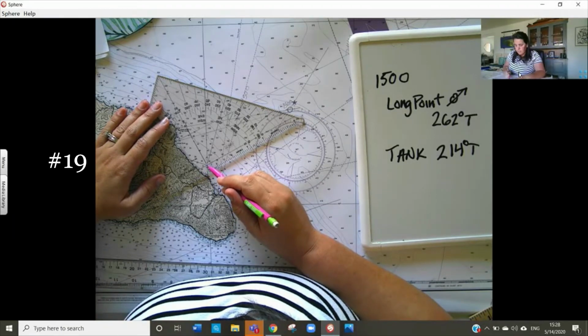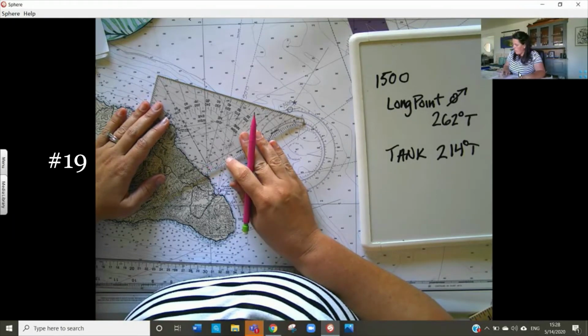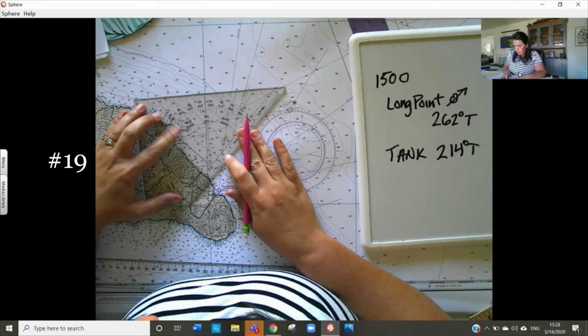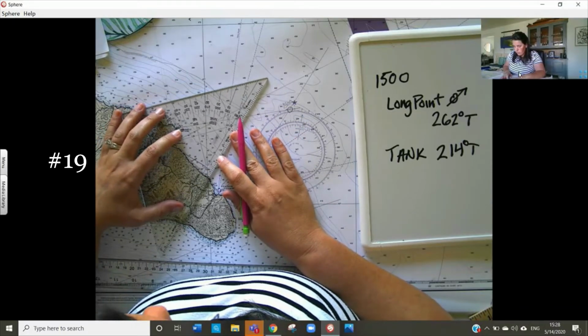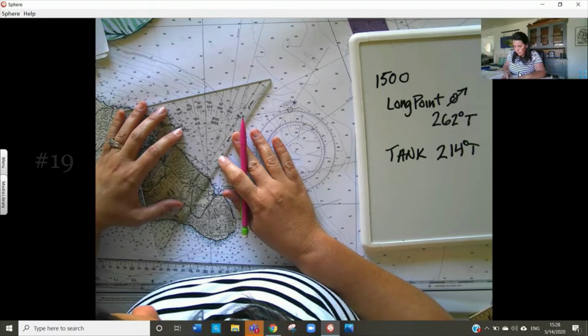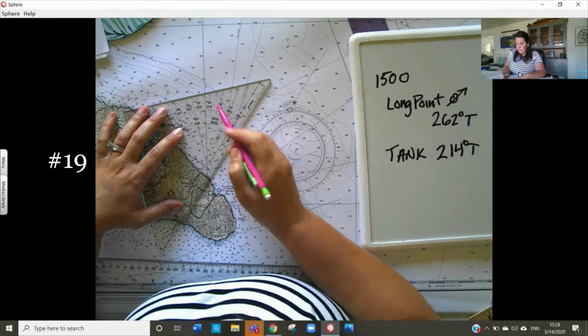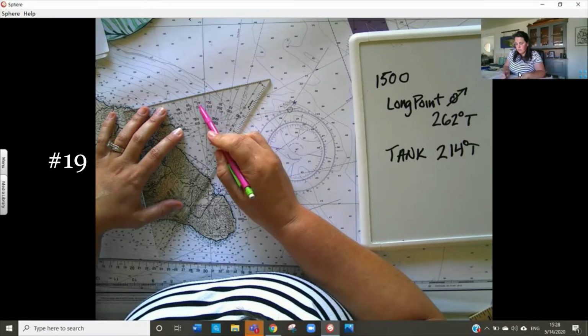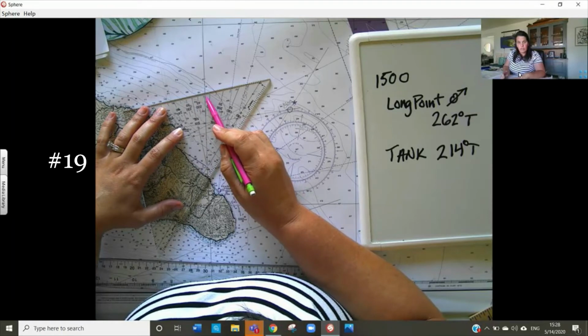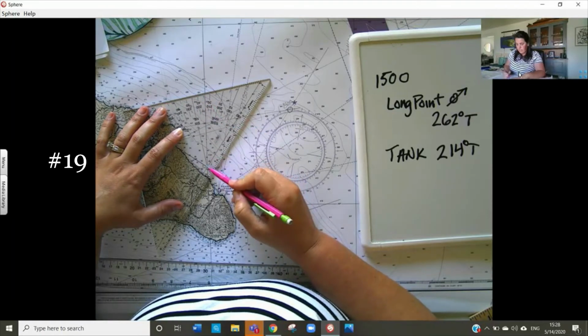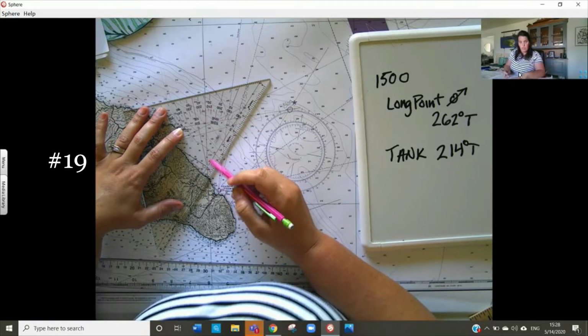The focal point on the line, and then 14. So 214 is going to be right here. So I have 210, 220, so 214, and the focal point on the meridian.